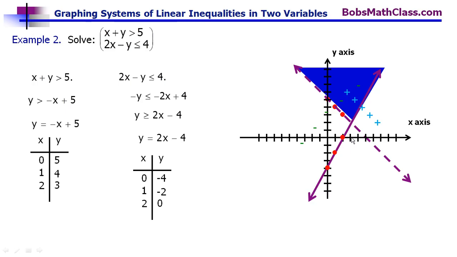So let's see, what did we say? 3, 6. So 3 plus 6, that's greater than 5. And if you put a 3 in place of that x, 2 times 3 is 6, minus, and we said y was 6, 6 minus 6 is 0. That's less than or equal to 4. So any point that you choose in this region would be true in both inequalities.